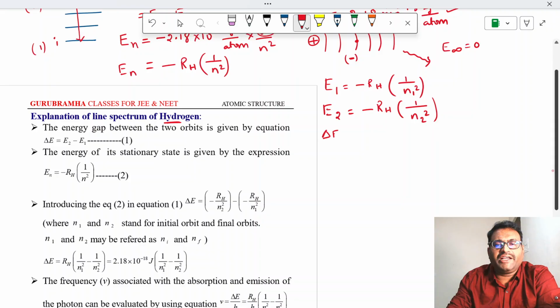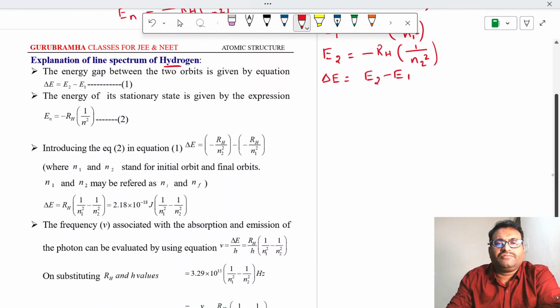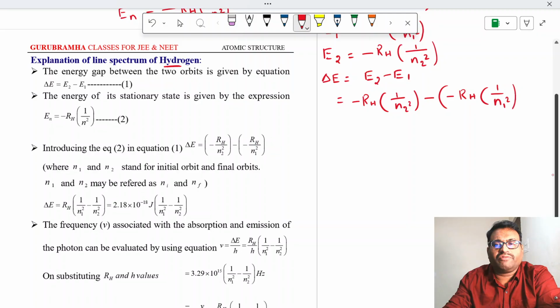We know that delta E is equal to E2 minus E1, right? Then what will you write? Minus RH 1 by N2 square minus of minus RH 1 by N1 square.